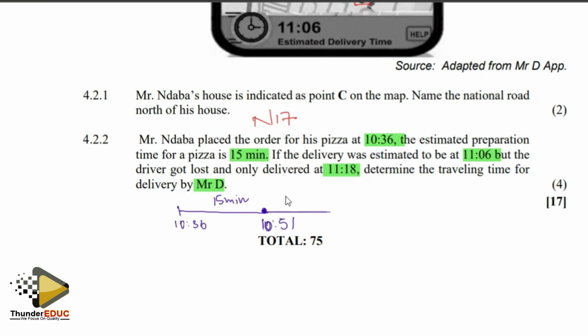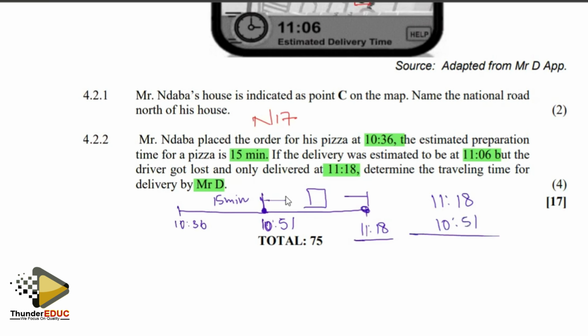Then it arrived at 11:18. So how much time was in between here? This is what we are looking for. This is the time that's missing. What are we going to do? We shall get 11:18 minus 10:51.